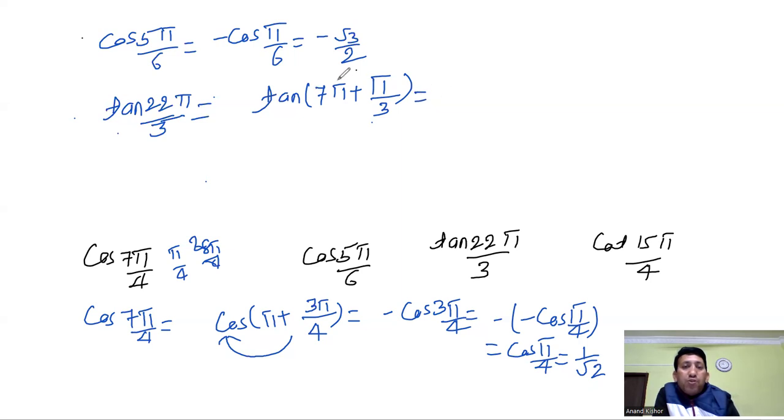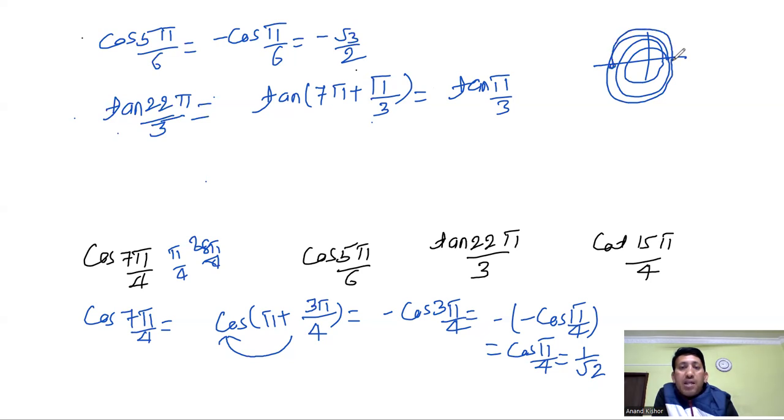And we know this is not pi by 2 or 3 pi by 2, so tan remains the same, tan pi by 3. And we have to just see this is 7 pi. So 2 pi, 4 pi, 6 pi, here 7 pi, and 7 pi plus something is the third quadrant, tan positive, and tan 60 is nothing but root 3. So this is very moderate.